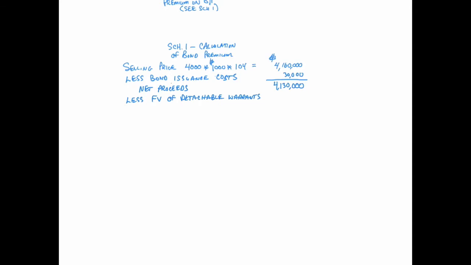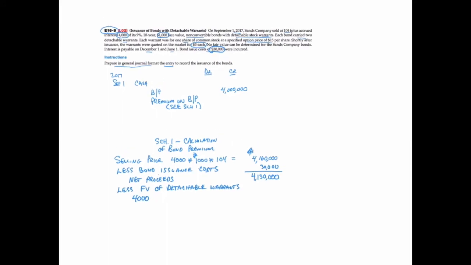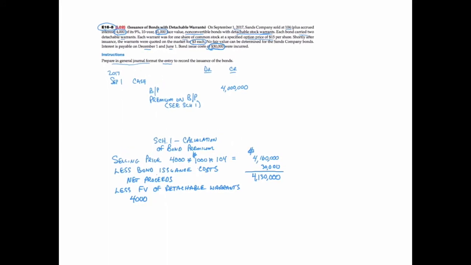There were 4,000 bonds, and each bond has 2 detachable warrants. So we have 4,000 times 2, and we're going to multiply that by the fair value of $3 per warrant.